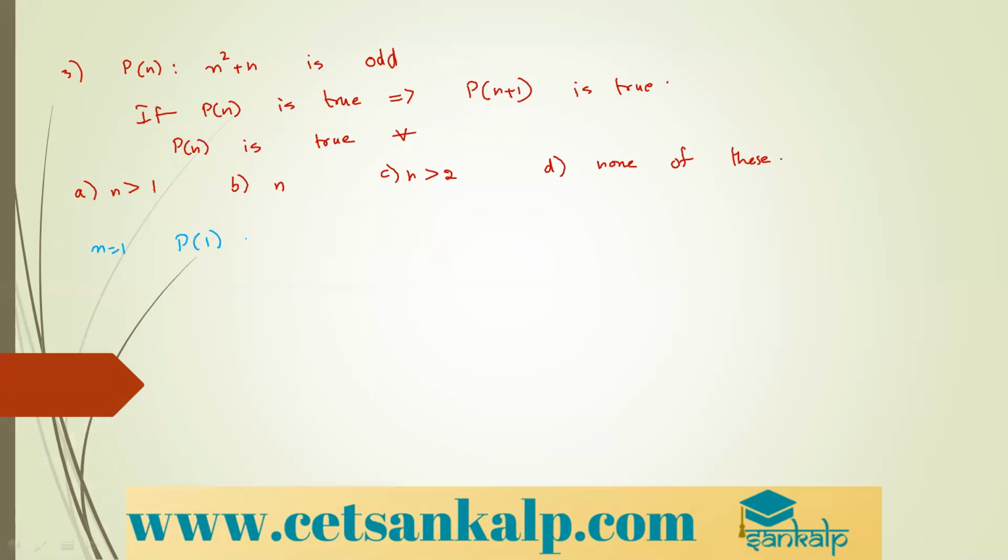We will get P of 1 as 1 square plus 1. It is an odd number. We will put n equal to 2. P of 2 is 2 square plus 2, 6. But this is not an odd number. When you put n equal to 3, P of 3 is 3 square plus 3, 9 plus 3, 12.